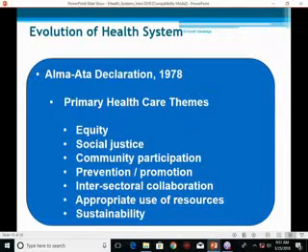And in that, they spelled out the importance of equity, social justice, involving the community in providing healthcare, community participation, more emphasis on prevention and promotion, intersectoral collaboration, other sectors also being partners in providing health, the appropriate use of resources, and more importantly, sustainability. So these are the basic parameters of primary health. The declaration came up in 1978. Sri Lanka signed the declaration in 1980, and we followed those changes.